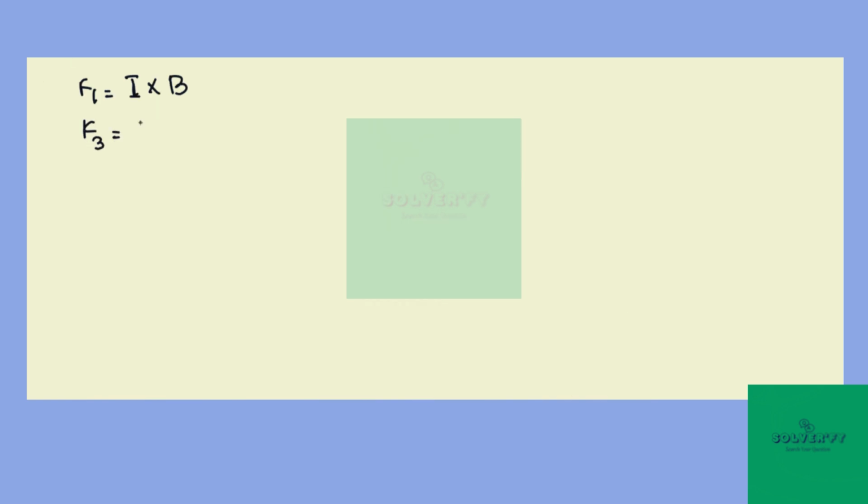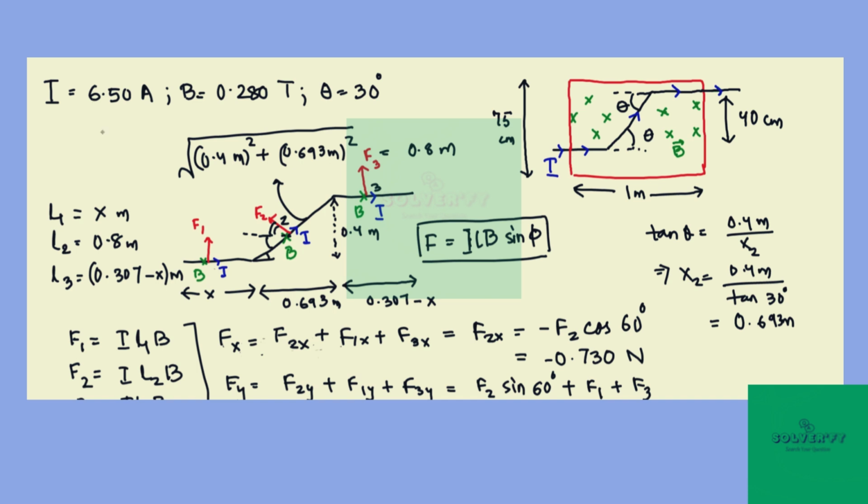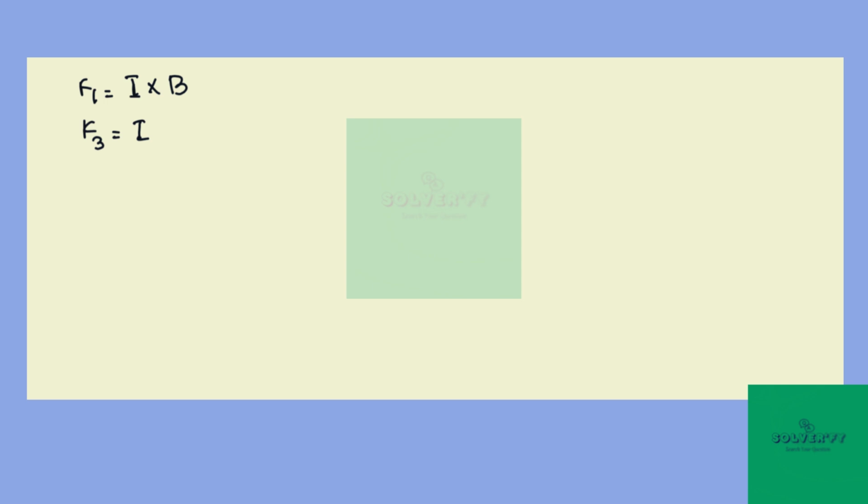And F3 is I times L3, which is 0.307 minus x, times B. So F1 plus F3 will be I times B.